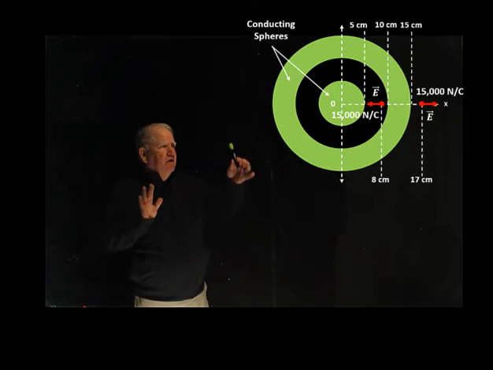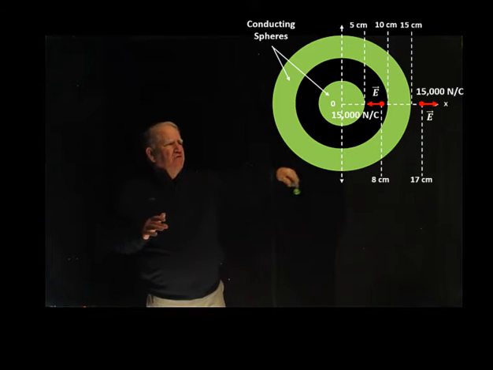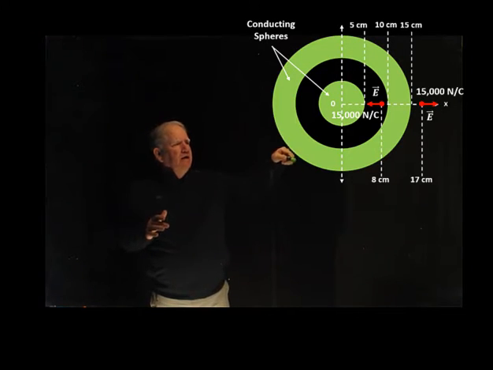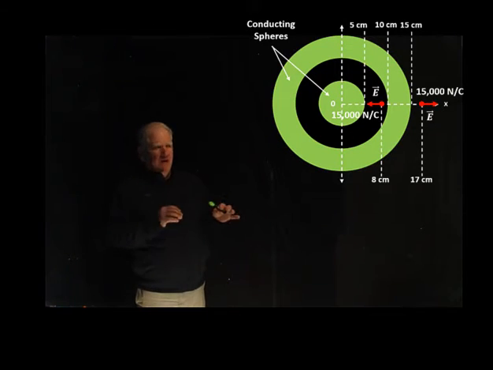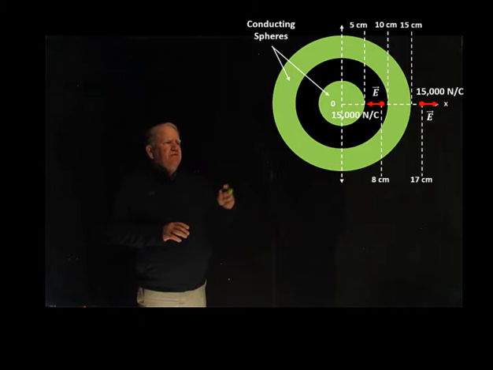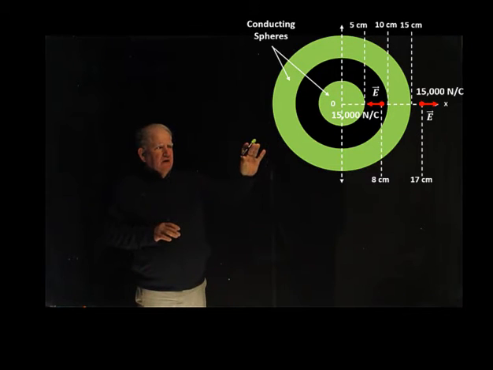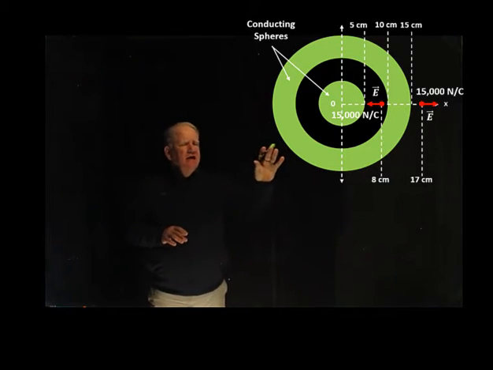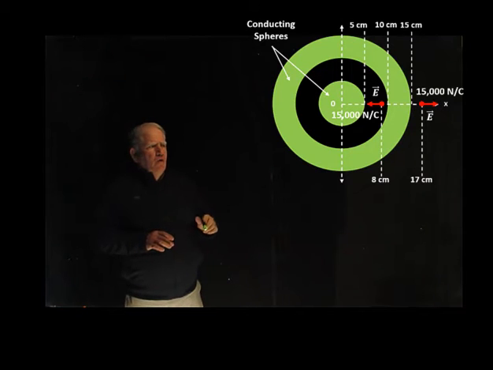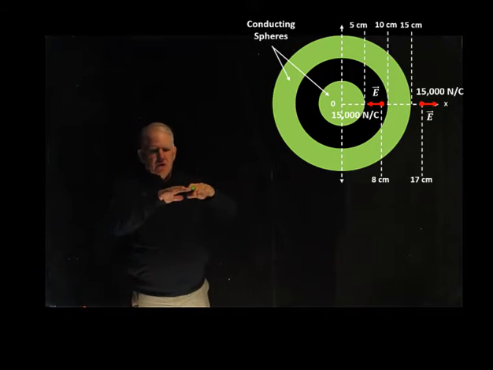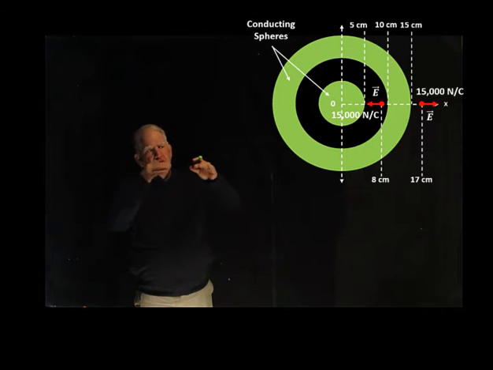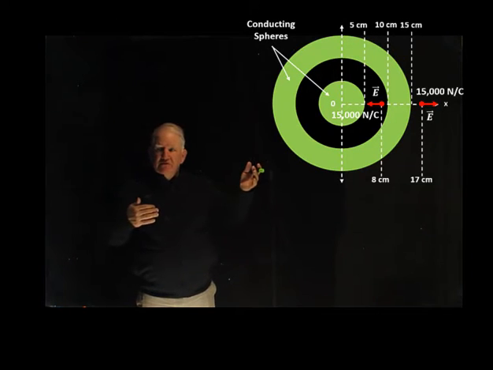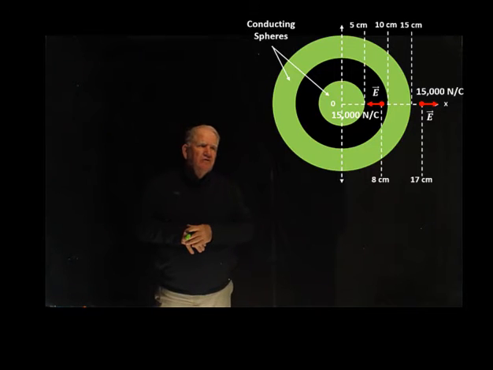So in this case, we've got two conductors, two spheres, an outer hollow sphere and an inner solid sphere. And the problem's sort of a riddle, or a mystery, because it gives you the electric field at a couple of points in space, and it then asks you to calculate what the charge is on the exterior surface of this small inner sphere and on both the interior surface and the exterior surface of the larger sphere.